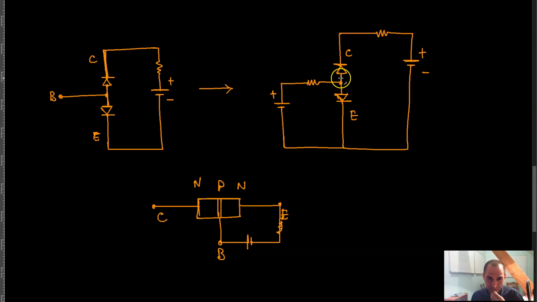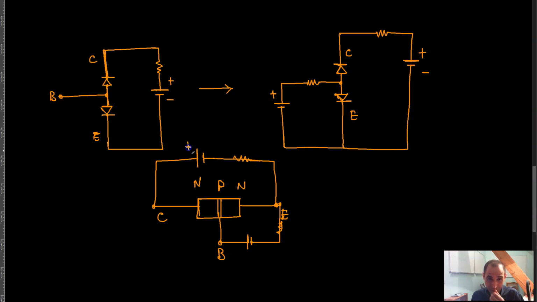current can be flowing between the collector and the emitter, meaning that you can connect the collector to a power supply like this, and bring this over here, and suppose that you have some resistor over here as well.